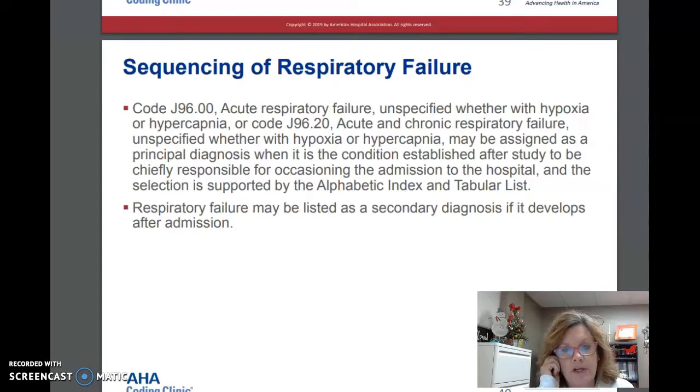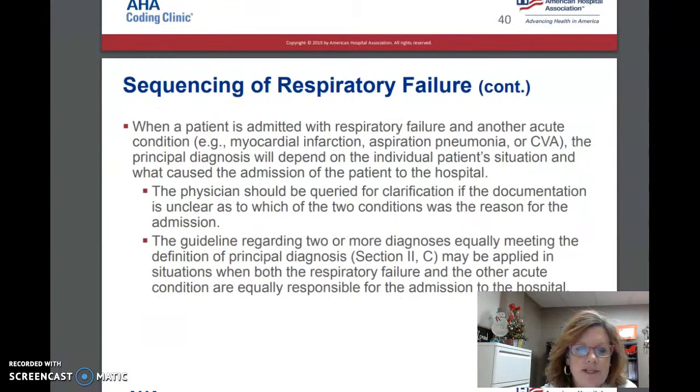And here's what I was talking about, sequencing. Here's one example: a patient is admitted with respiratory failure and another acute condition, let's say a myocardial infarction. The principal diagnosis will depend on the individual patient's situation and what caused the admission.